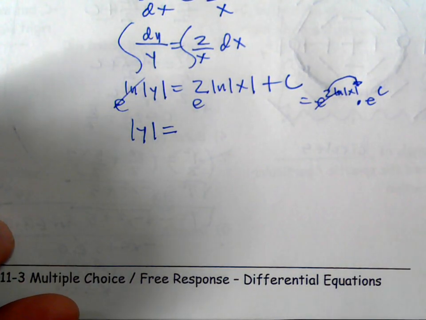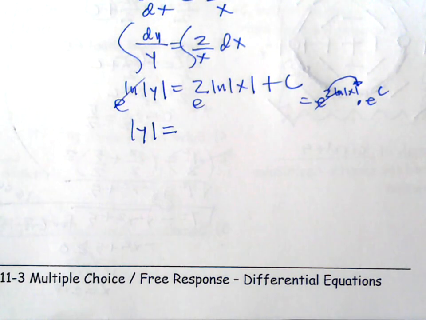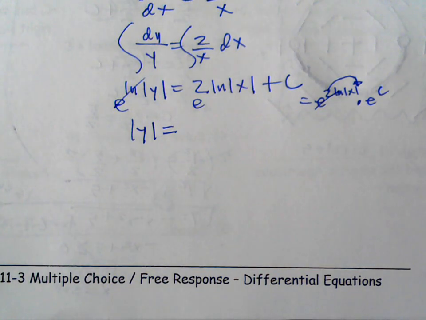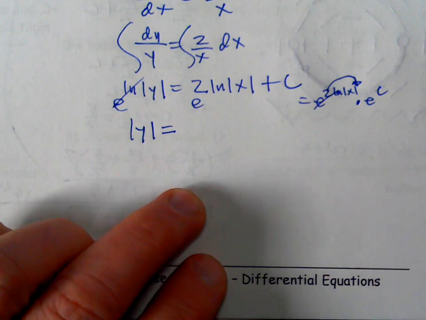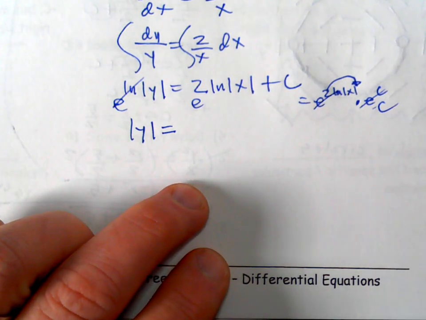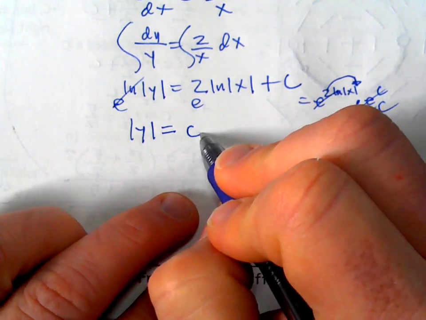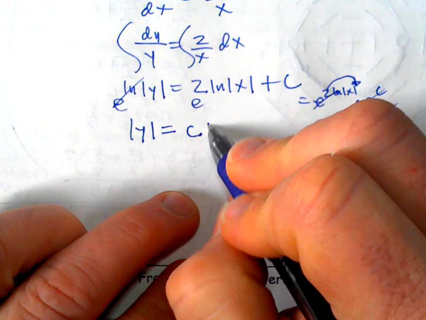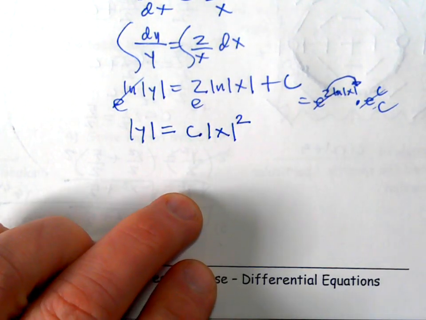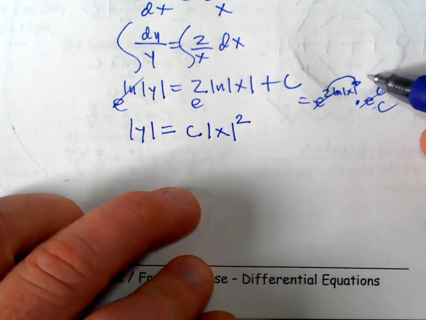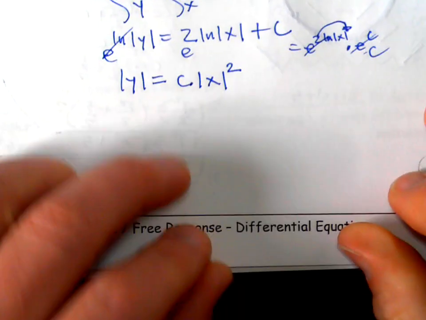And the e to the c, I'm just going to call c. C is a constant, so e to the c is a constant. So I'm going to write c times the absolute value of x squared, because I brought that 2 in using log rules.